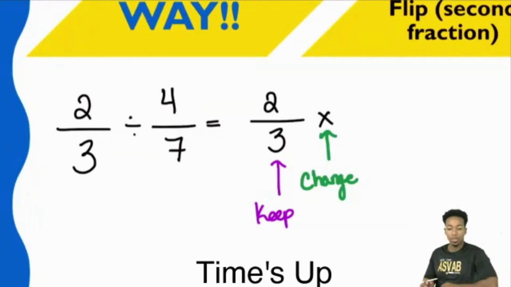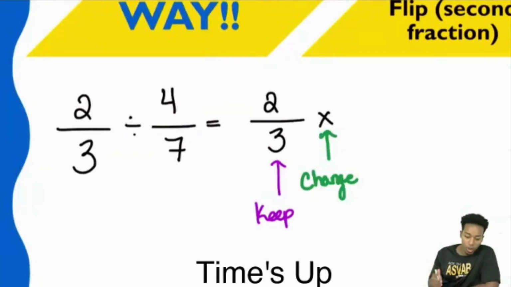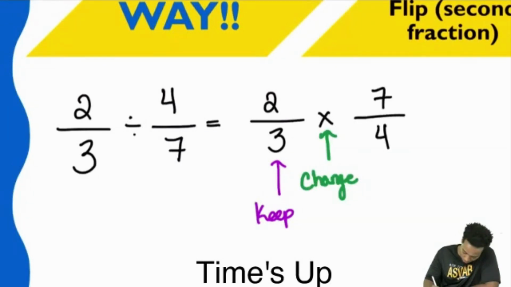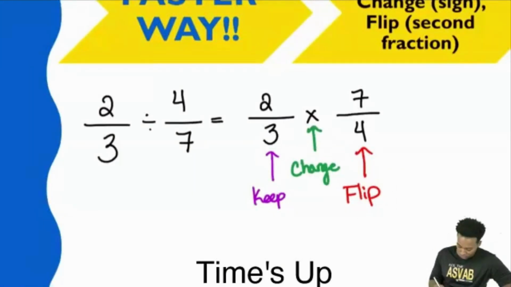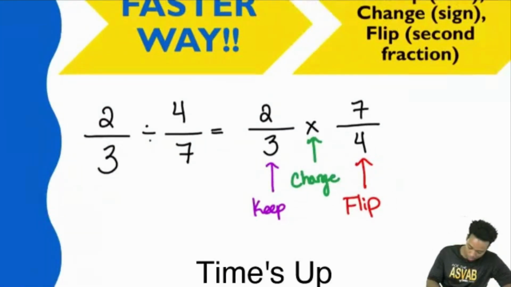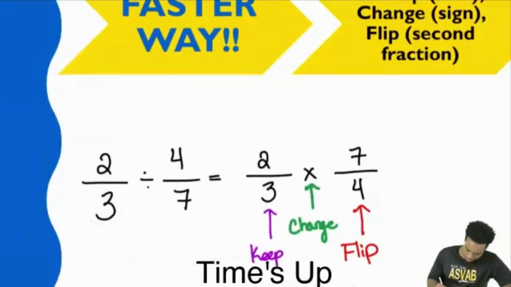So with that said, we're going to flip the other fraction, and we're going to go from 4 over 7 to 7 over 4. So there it is. Again, this is dividing fractions only. So I'm going to go ahead and title this, dividing fractions, and then I'm going to let you take a screenshot.